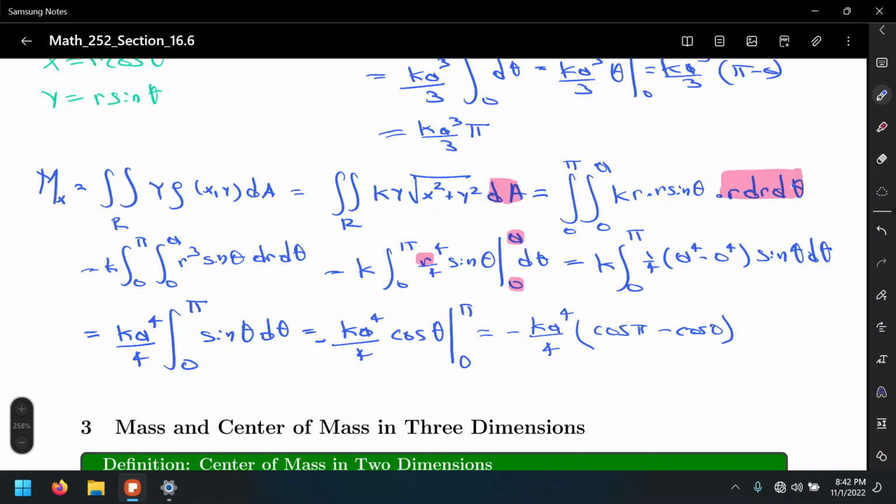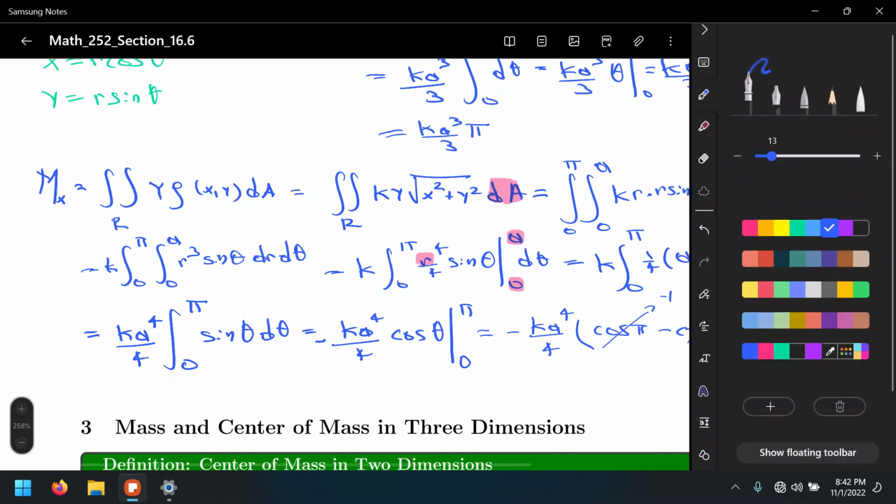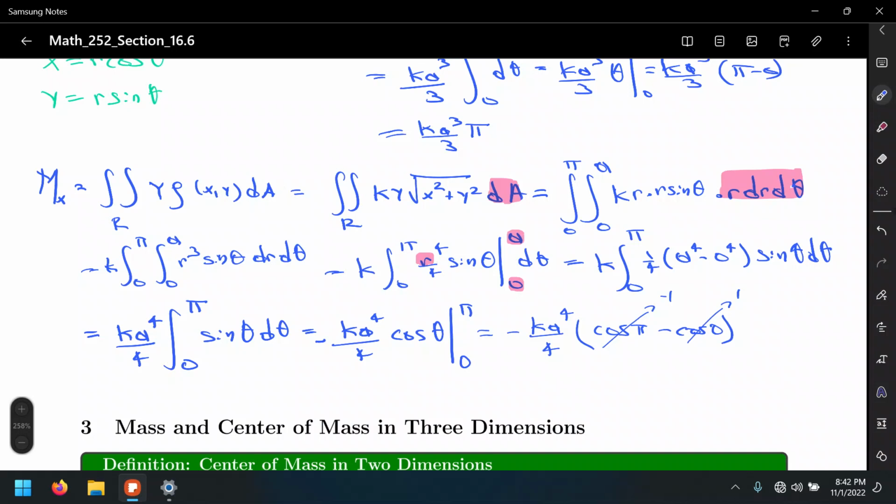Cosine of pi is negative 1, and cosine of 0 is 1, so that's negative 1 minus 1, which is negative 2. So that's negative k a to the 4th over 4 times negative 2. 2 over 4 is 1/2, and a negative times a negative becomes positive. So that's the moment about x.